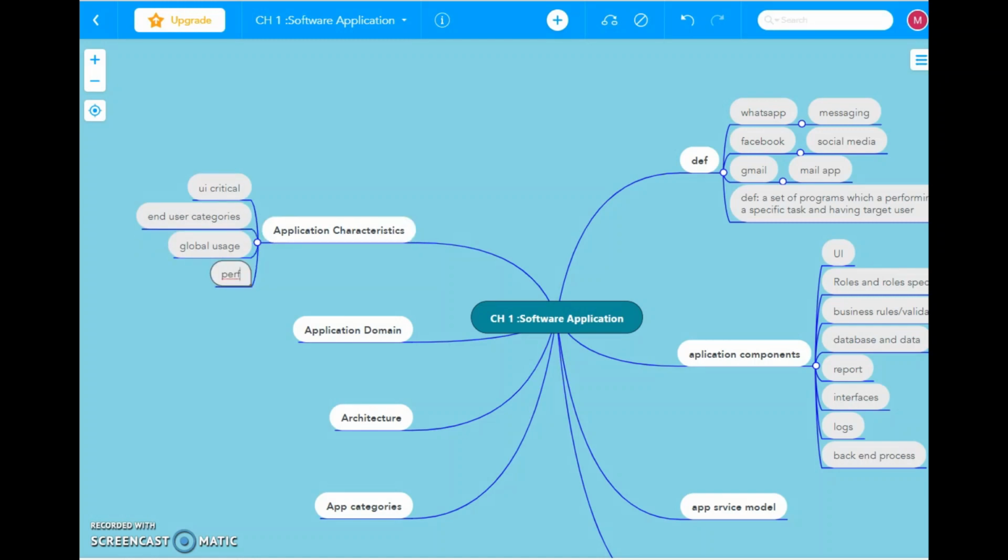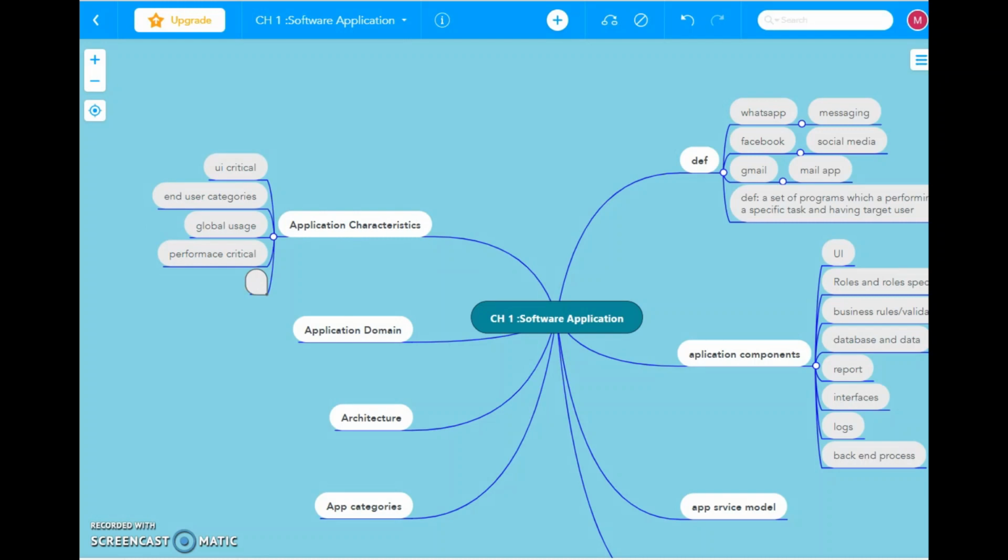Which is performance critical application. And the last one is sensitive data handling application. Okay, so let's quickly go through these applications.